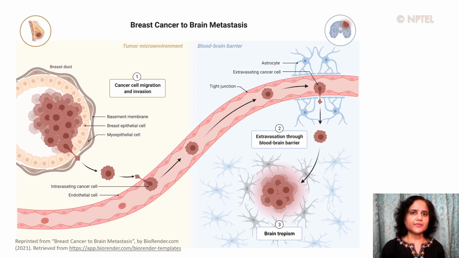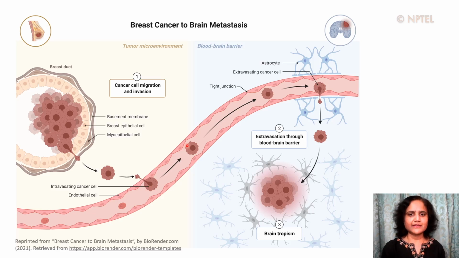The steps in breast cancer to brain metastasis are explained here. The invasive cancer cell crosses the two-layered epithelium and the basement membrane of the duct, and it migrates and enters into the bloodstream after squeezing between the cells of the endothelial layer.